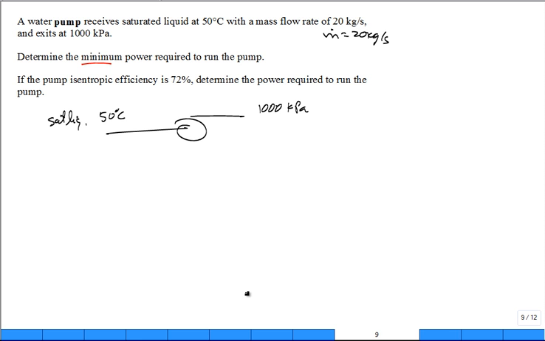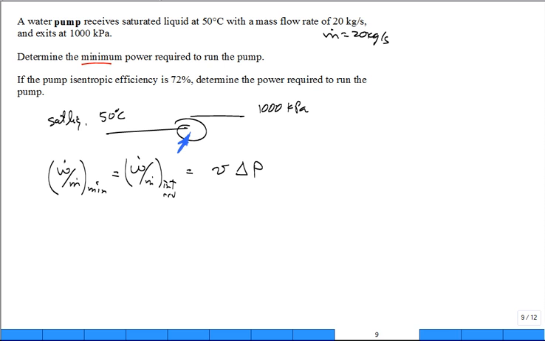Well, the minimum power, W dot divided by m dot minimum, will be, assuming it's internally reversible, and we just showed that it's equal to V delta P. A lot of times we get tired of those negative signs, so we just say, look, this is work going into the pump. I know it's into the pump, so I'm going to calculate and report a positive work.